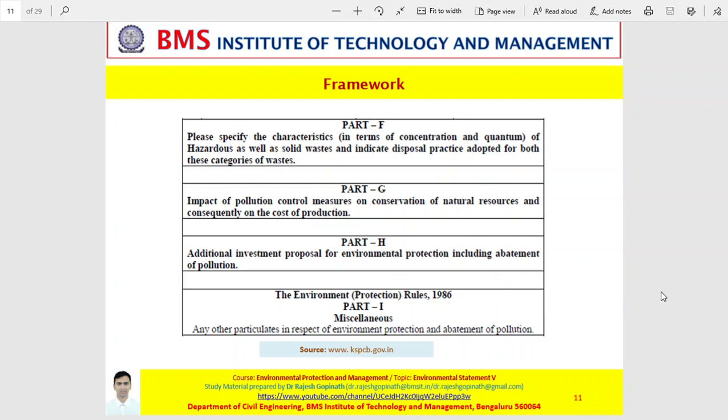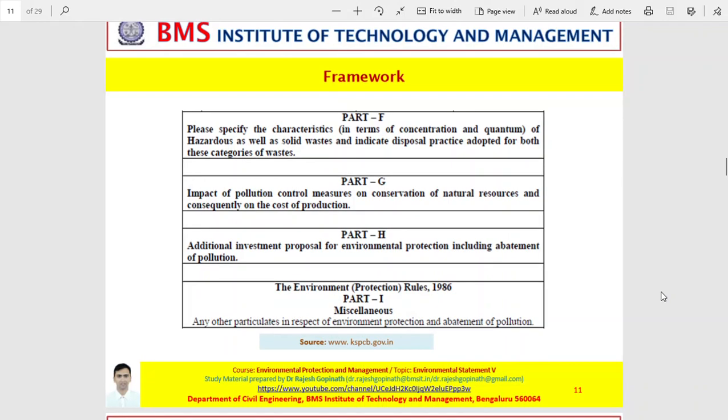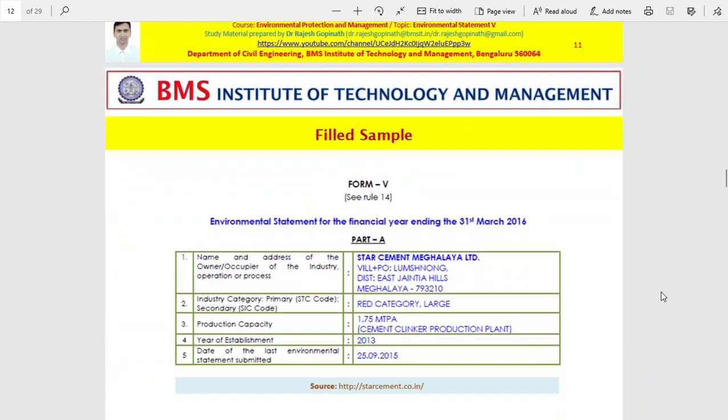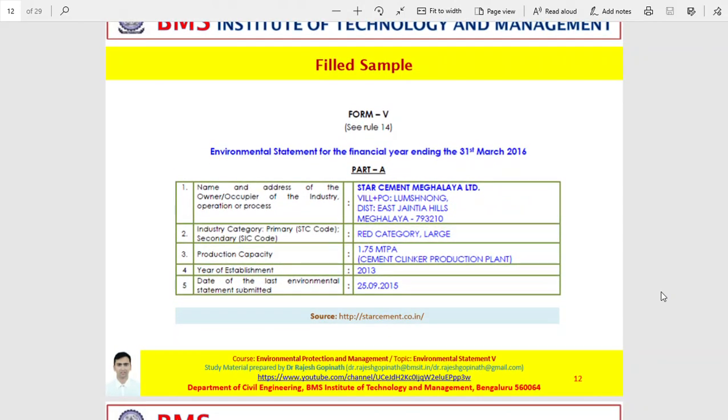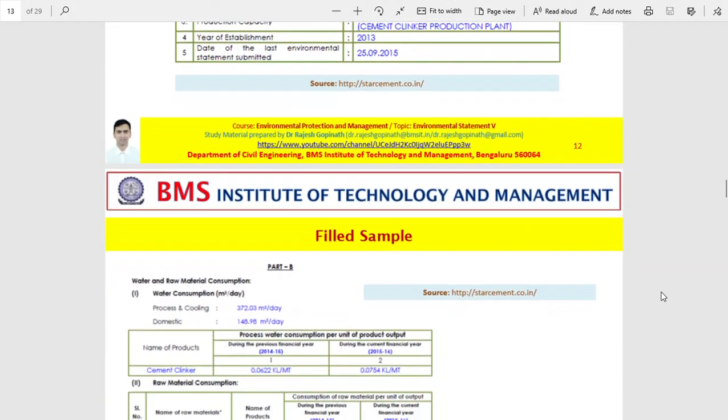Part H speaks about additional investment proposals which have been carried out by the industry or the enterprise towards pollution abatement, towards environmental protection. Finally, Part I. This is a miscellaneous part of the document which contains any other aspects with respect to protecting the environment and controlling the pollution.